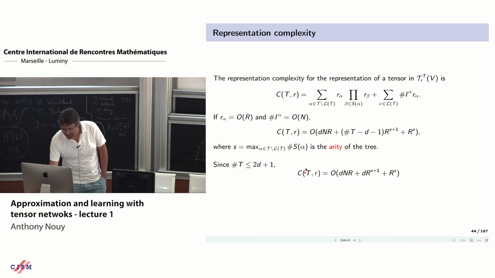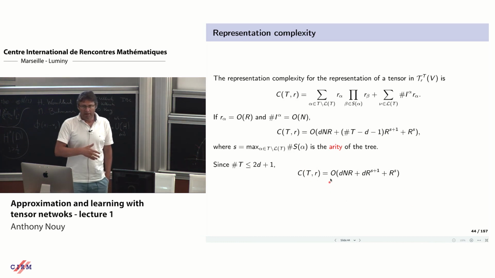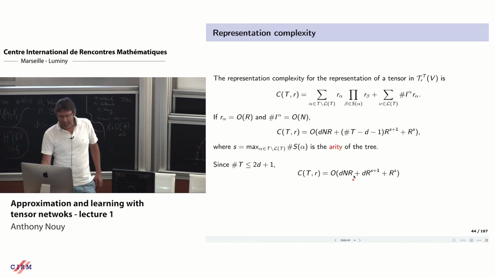So maybe it's easier to see this complexity bound that you see here. If I suppose that all ranks are bounded by big R, and the dimension of the spaces V1, V2, and so on are bounded by N, I will essentially have a complexity bound which is like this. This part corresponds to the storage of the internal core tensors.